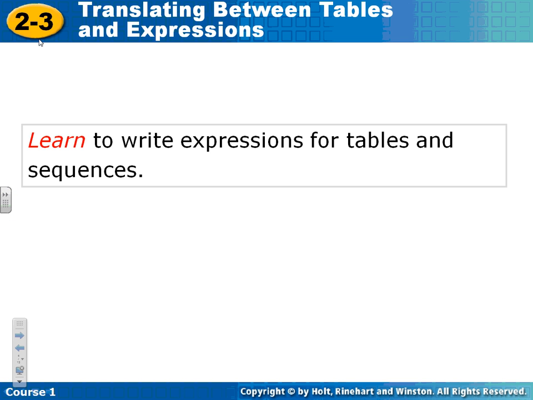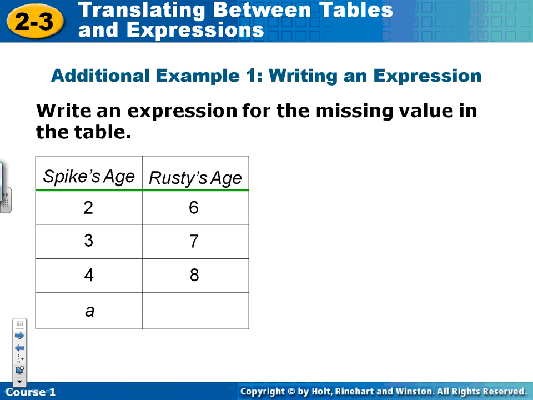All right. Today we're going to work with writing expressions from tables. We did this the other day on a homework assignment, and some of you got a little confused. I'll show you.